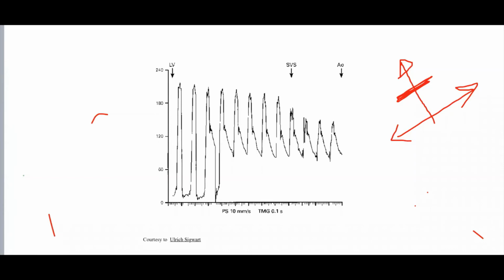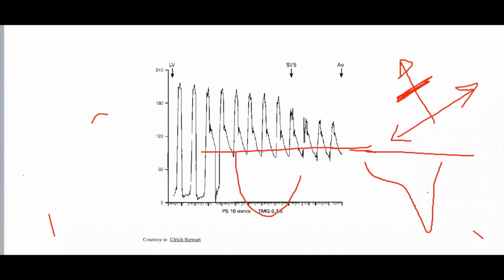So in the initial part of systole, the velocity is slow, then it goes fast in mid and late systole. That's why it generates the dagger-shaped signal. While in fixed aortic stenosis, the velocity is fixed across the entire systolic period like this.